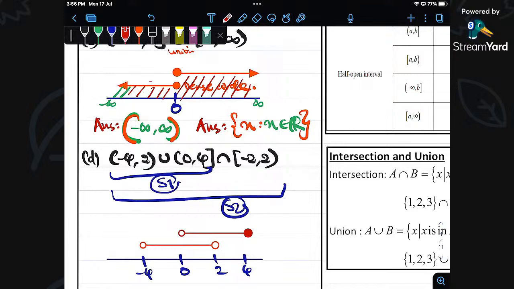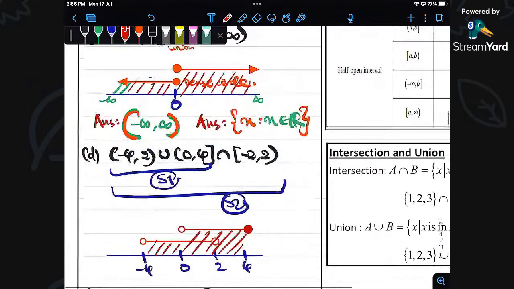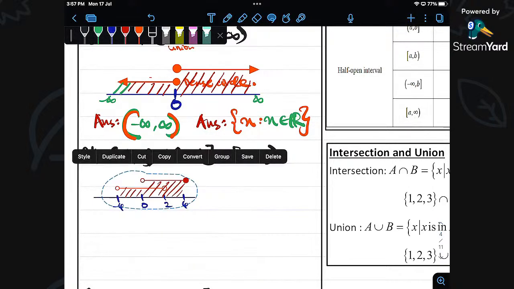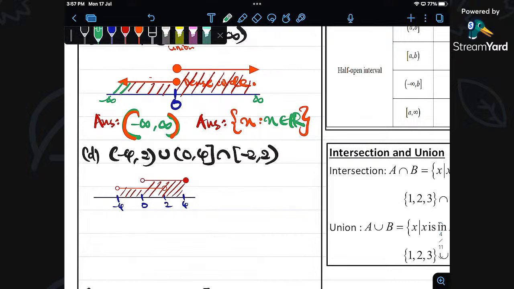And then he say here union. So we need to make them a union. And then what do we got here? We got the first answer, which is negative 4 until 4, where the negative 4 is open bracket and the 4 is closed bracket. Tapi kita tak habis, kita perlu pakai jawapan ini.